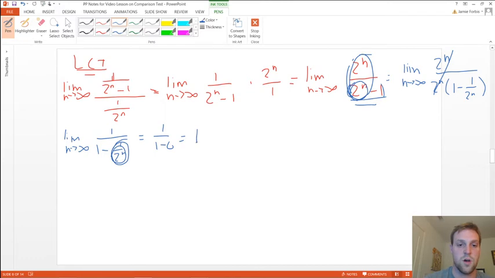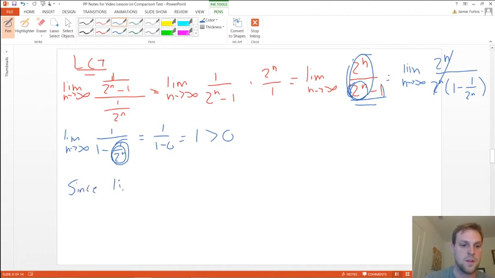Now, the value is 1, which is greater than 0. So if you look back at the limit comparison test, that guarantees that they both either diverge or both converge. And since I know b sub n converges, that means a sub n also converges. So I'm going to write that out.